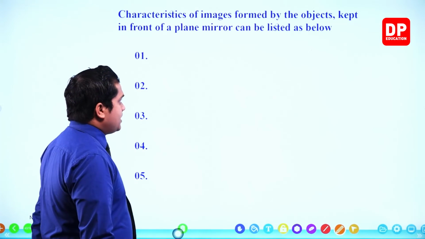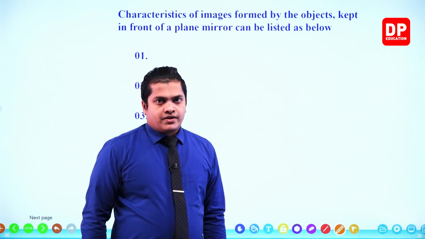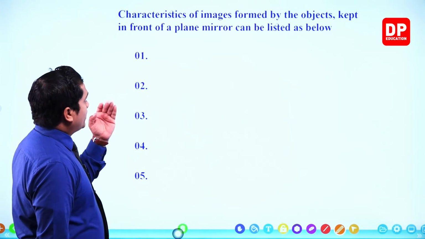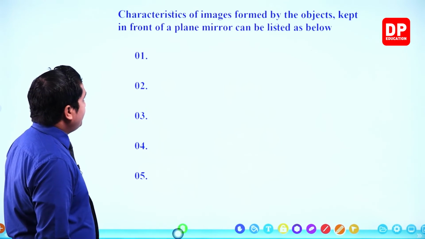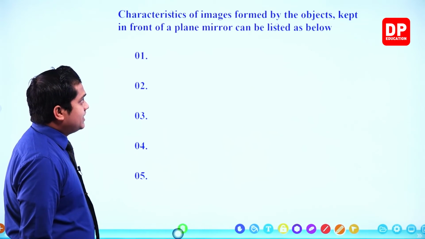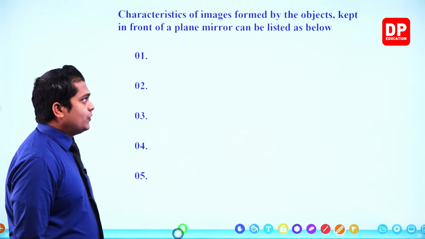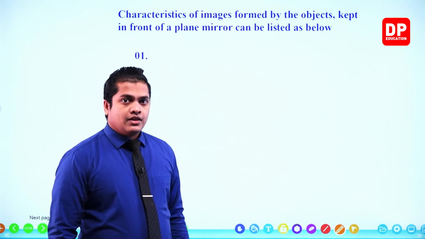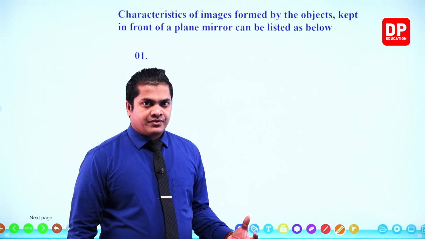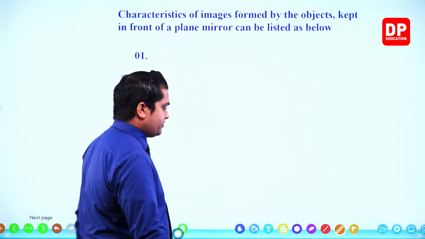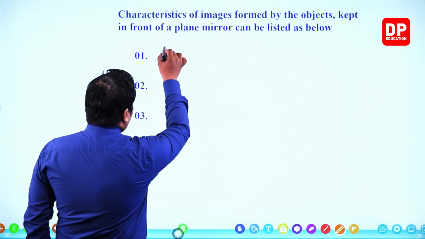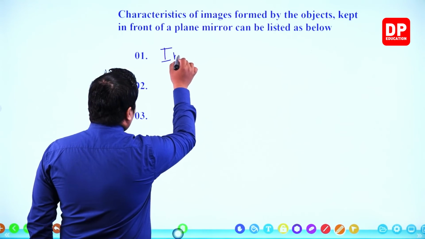Right then, my dear children. Now it's time to write down these properties. Characteristics of images formed by the objects kept in front of a plane mirror can be listed as below. So we are going to list down these properties. Number one, my dear children, images are upright.